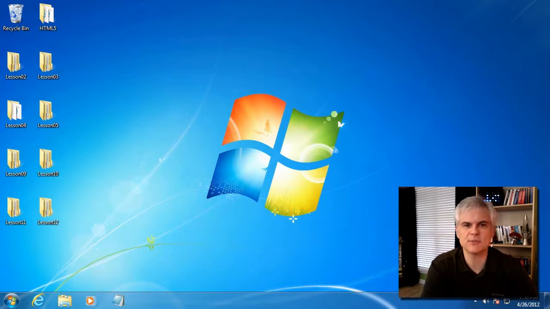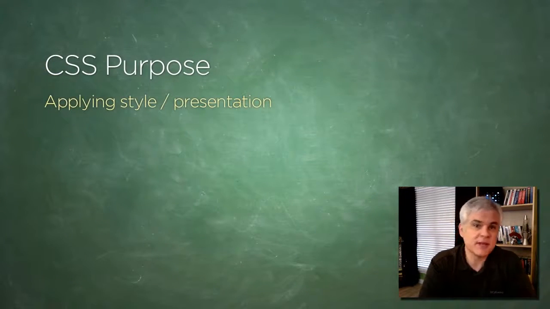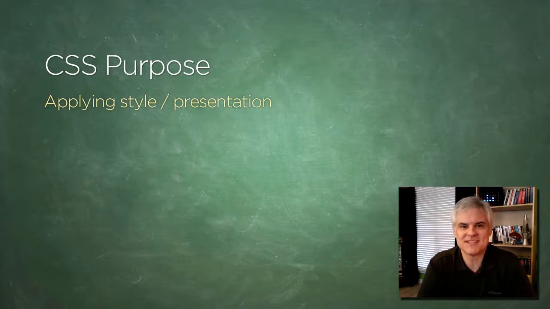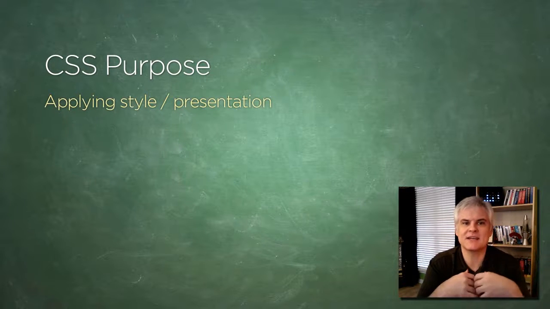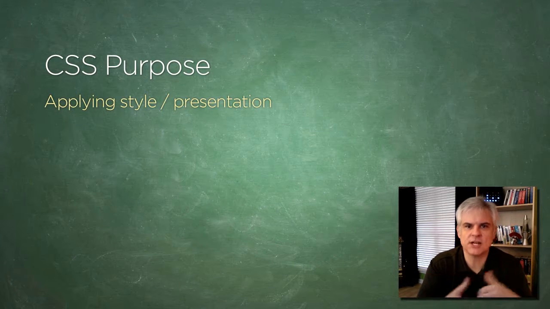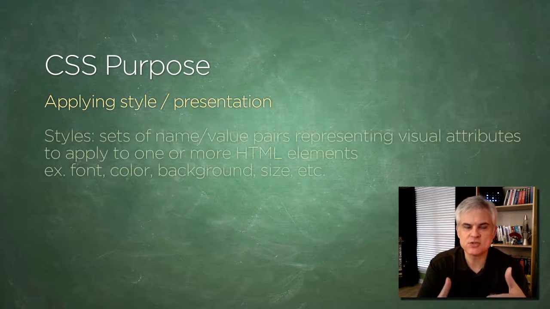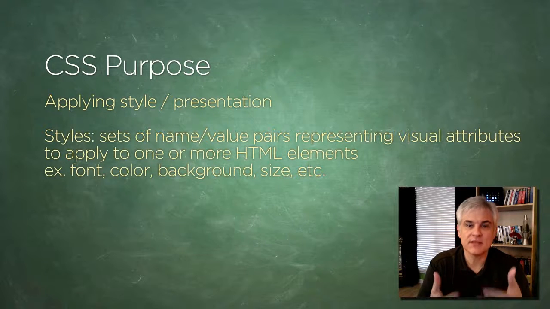Okay, so let's start at the beginning. The purpose of cascading style sheets. I've repeated it over and over up to this point in this series, so it shouldn't be much of a surprise. The purpose of CSS is to apply visual styles to the HTML5 code that you write and affect the presentation of the content. A style is simply a collection of name-value pairs representing a visual attribute of a given HTML5 element.